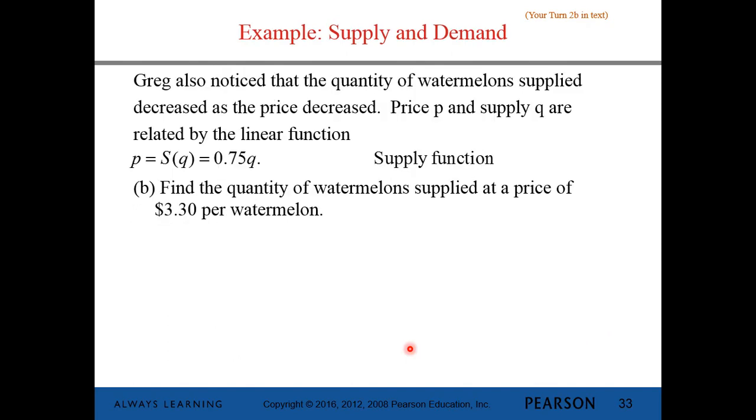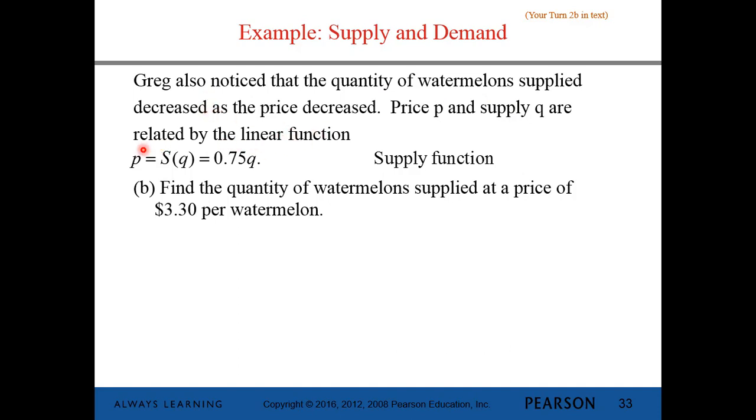So now Greg also noticed that the quantity of watermelons supplied decreased as the price decreased. So price P and supply Q, the number of watermelons supplied, are related by another linear function.